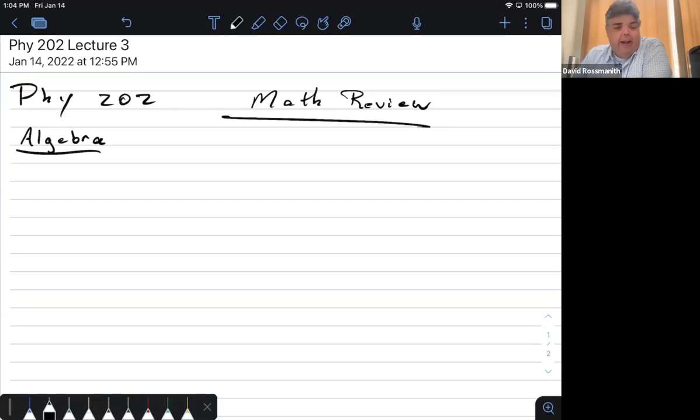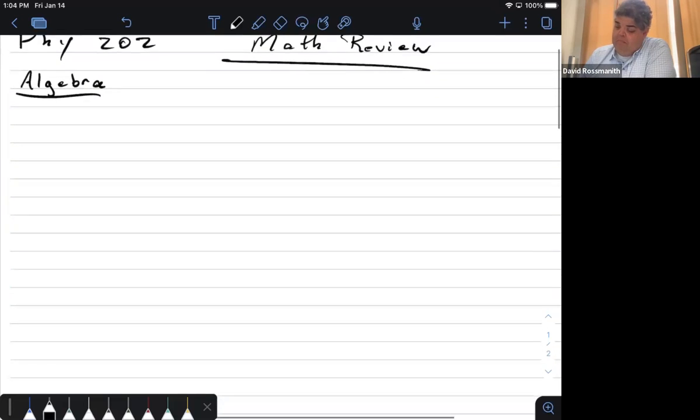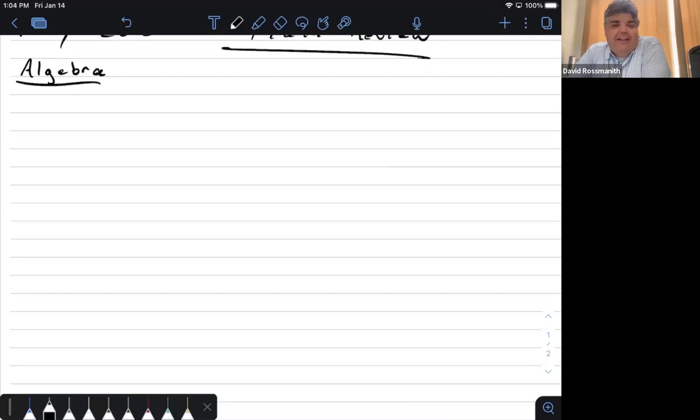Given an equation which has a single unknown in it, can you solve for the value of that unknown? That's basically the fundamental thing that an equation is for. For example, let's say we have an equation that looks something like this: 5x minus 2 equals 8.